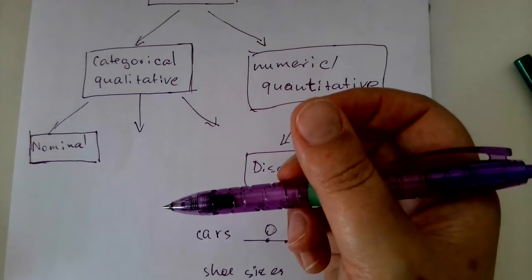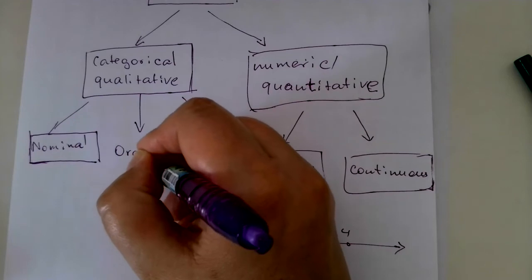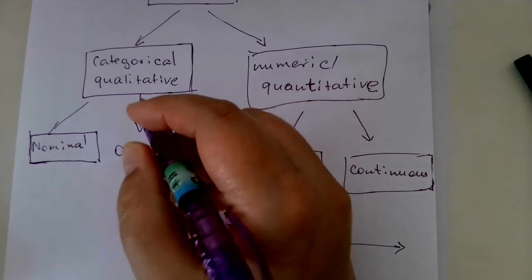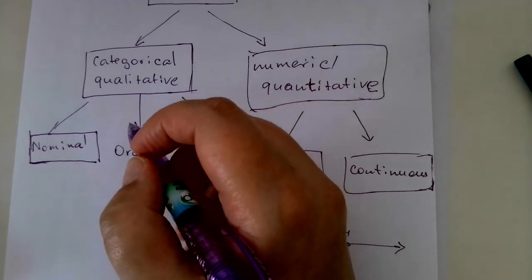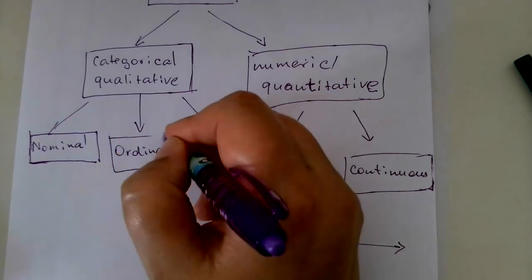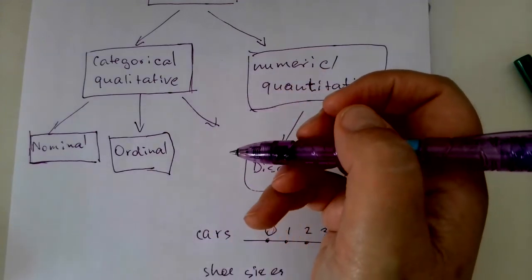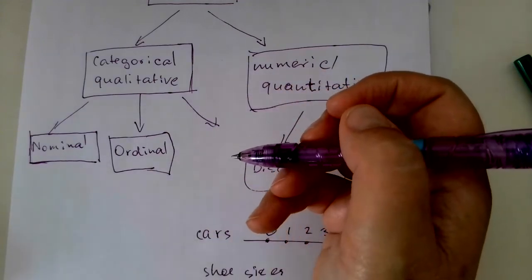Then the next one up would be ordinal. The ordinal can be arranged in an ordering scheme. For example, military rank, GPAs, class level.